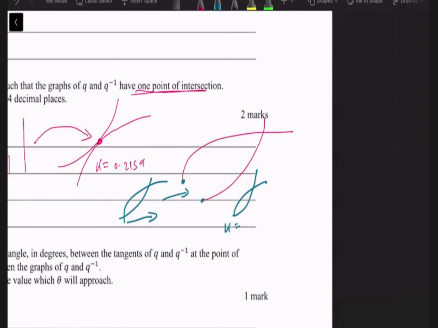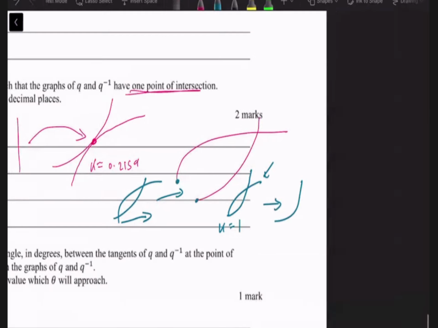As k increases, this graph here moves to the right, and the other one moves up. So it'll go like this, and that's why you only have one point of intersection.